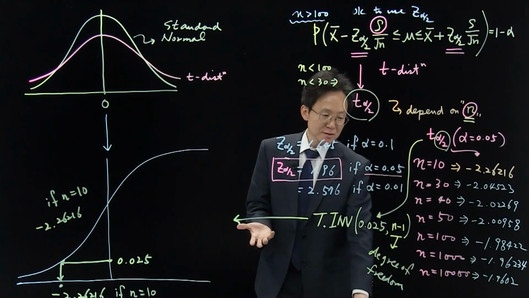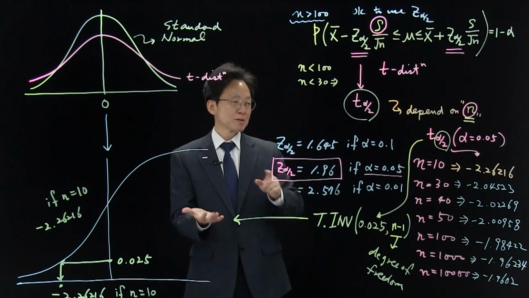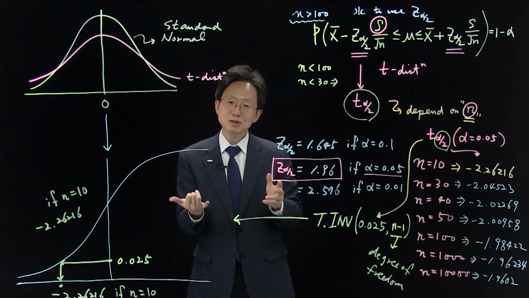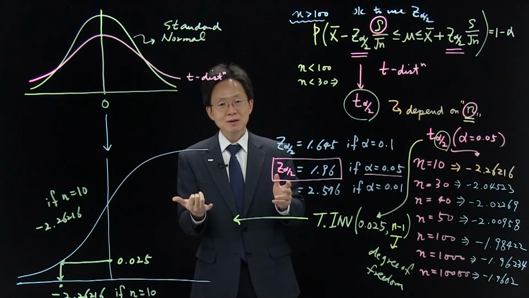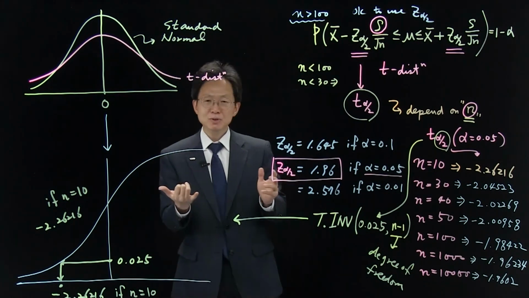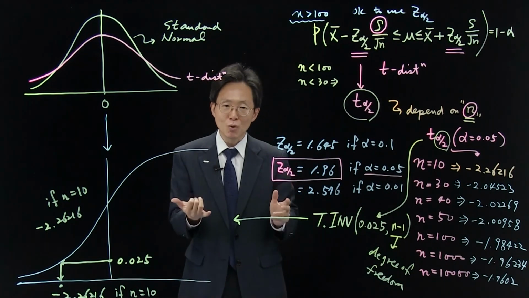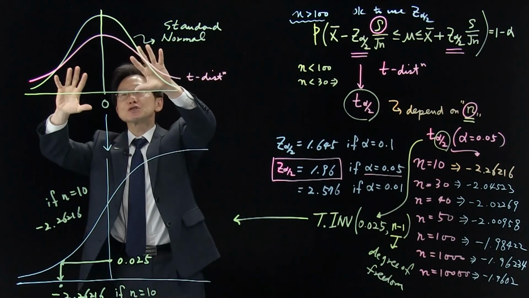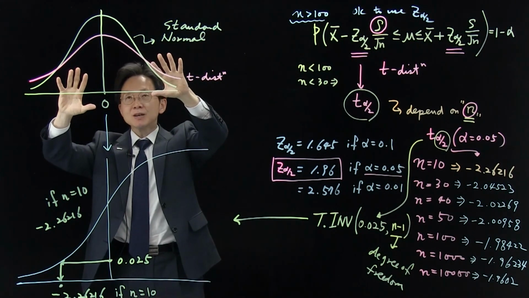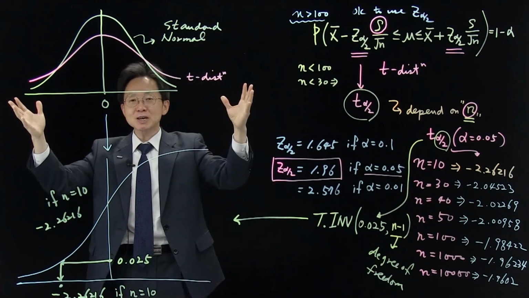Okay. Now we understand the motivation behind using the t distribution rather than the normal distribution, particularly when n is small. Except for the difference in shape, the logic is almost the same.